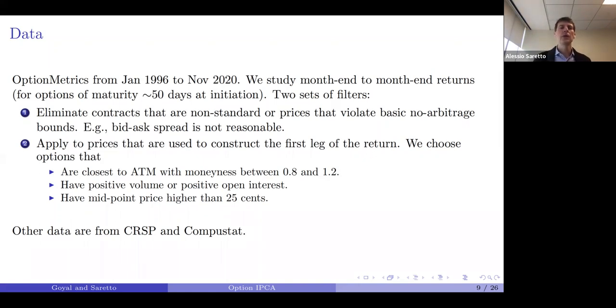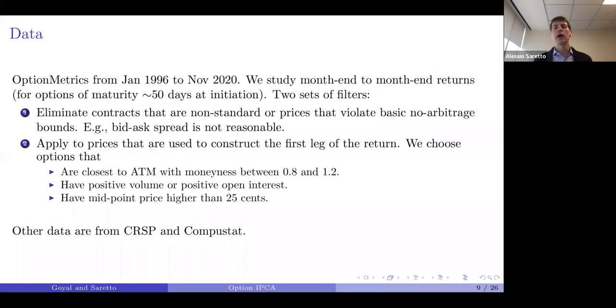This is month end to month end, they're about 50 days to maturity. They're all the same maturity in the cross section. So if you take a delta hedge on Dell and a delta hedge on Tesla, they're going to have the same maturity. We're going to apply the usual set of filters, and we're going to try to stay as close as possible to at the money at origination.